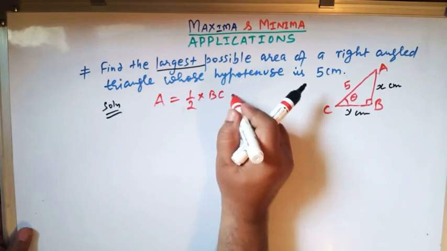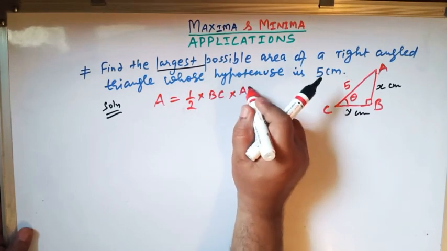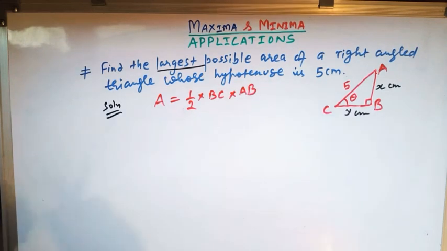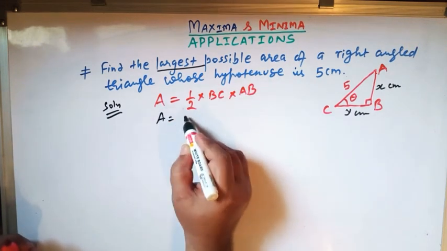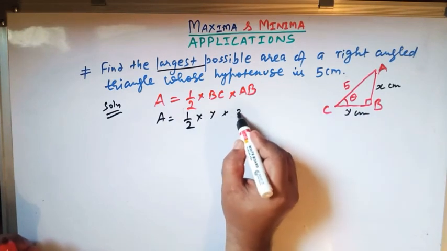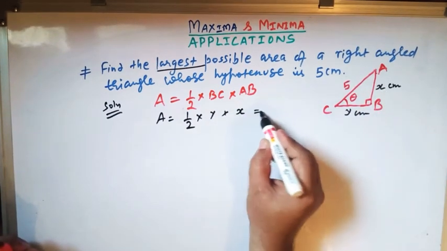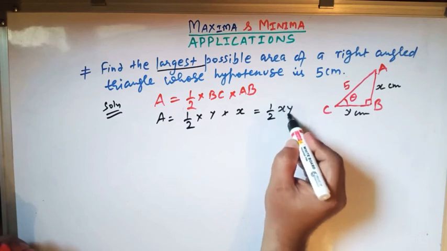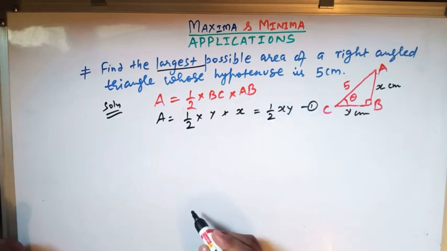So here we write area as half, BC is y, and this is x. So we have half of xy. This is equation number 1.